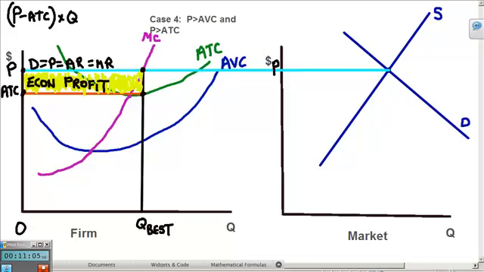Because remember, if you're the owner of an input and it's a good input or you're good yourself, your opportunity cost will be high. So if you're a great manager, that means somebody else would pay you a lot to manage their business. So you can't make it because you're good. The better you are, the higher your opportunity cost. And the opportunity costs then are the implicit costs, so they're included.